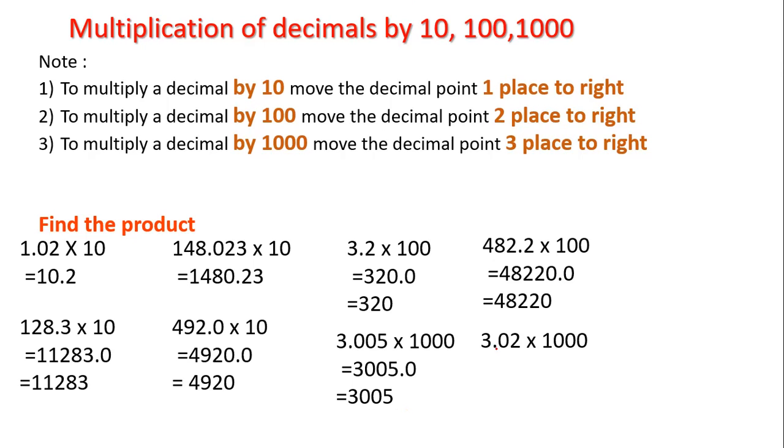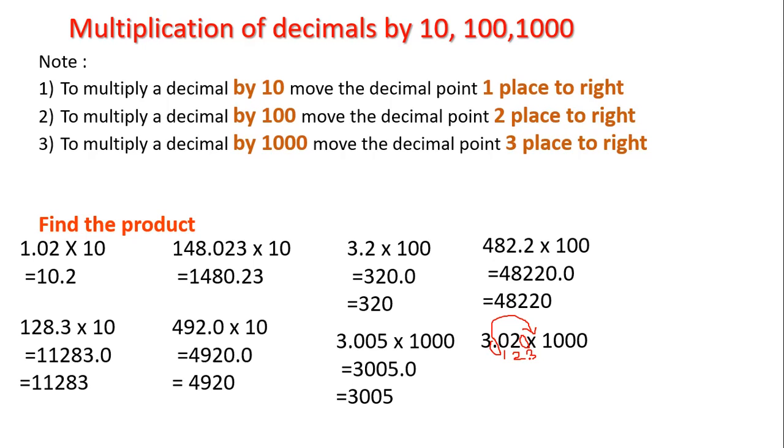Next, find the product of 3.02 into 1000. In this, we have to multiply a decimal number with 1000. To find the product of any decimal number with 1000, we have to move 3 places to the right. If I move this decimal point 3 places to the right, it will come after 0, as the 1, 2 as the second, one more 0 as the third.